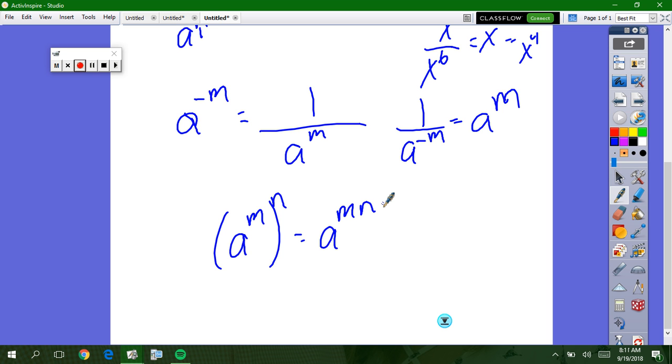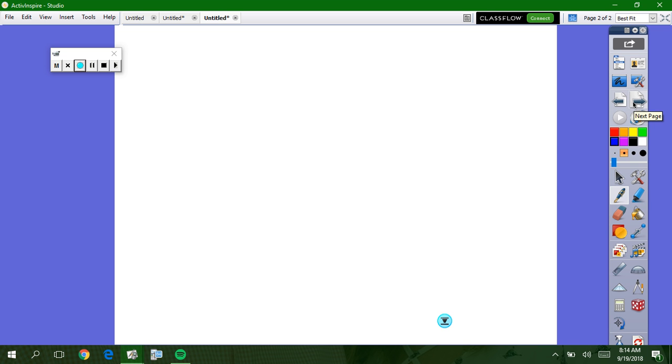But that's really not what we're learning today. The thing that we're learning today is rational exponents. So this right now is currently a radical. Okay? It's the nth root of a to the m.